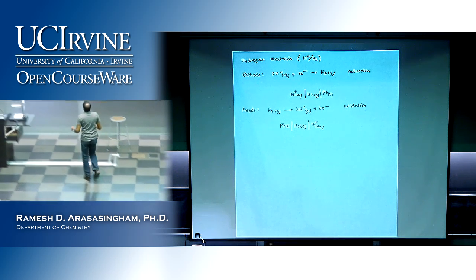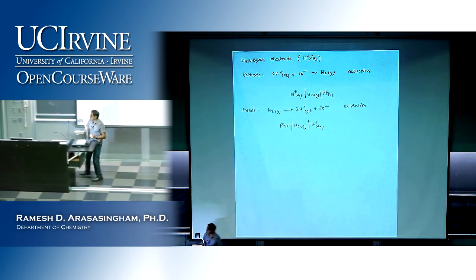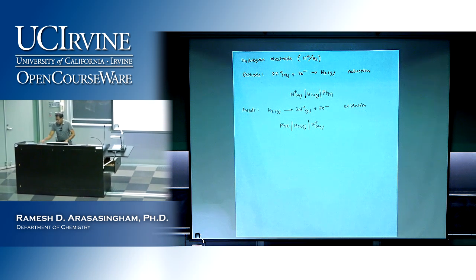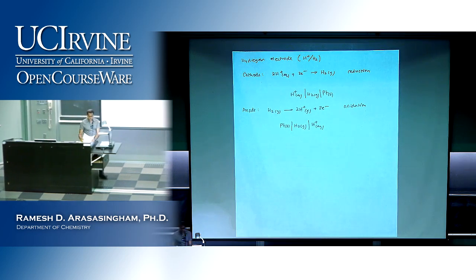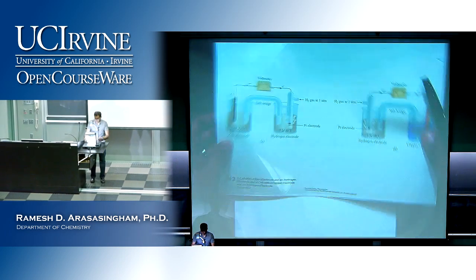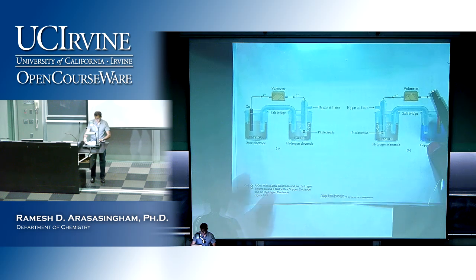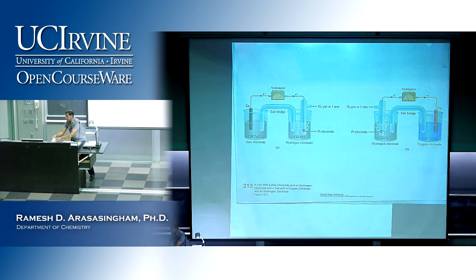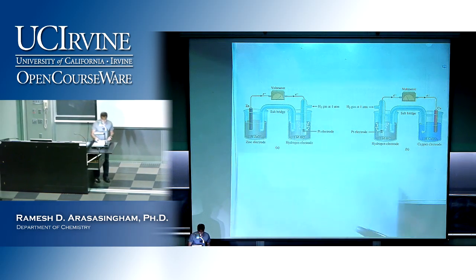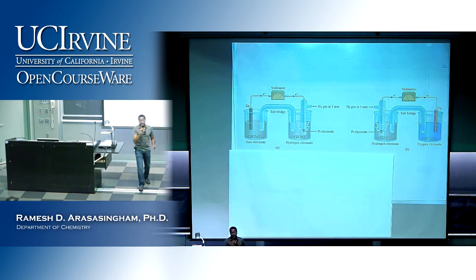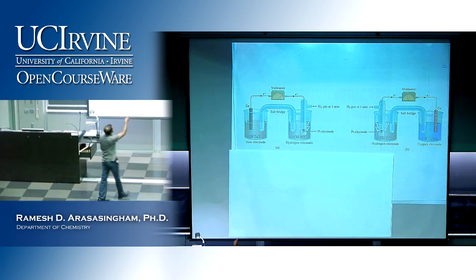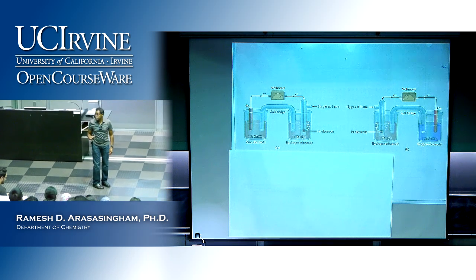So if I were to look at the general reaction, remember we looked at two types of cells last time where we have the hydrogen electrode. So what I have here, the first part is the electrode where you have the zinc electrode on one side, that's the anode, and the hydrogen electrode is the cathode where the reduction takes place.